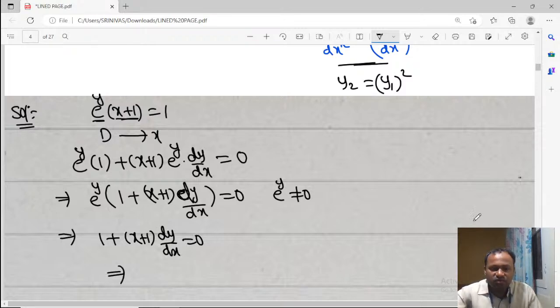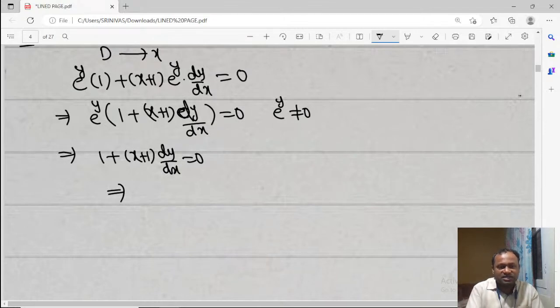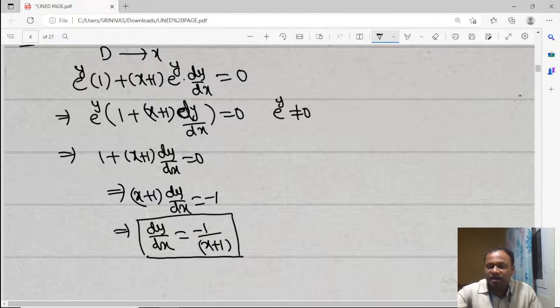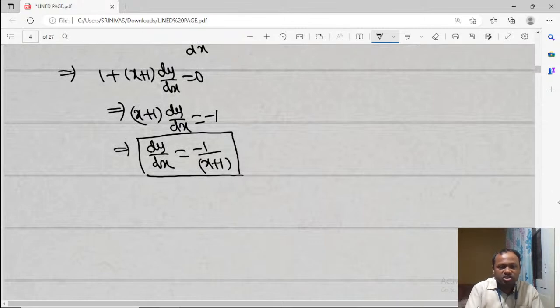From this, what is dy by dx? How can I write? x plus 1 into dy by dx is equal to minus 1. dy by dx is equal to minus 1 by x plus 1. Okay, so this is dy by dx. Now I will differentiate again with respect to x.